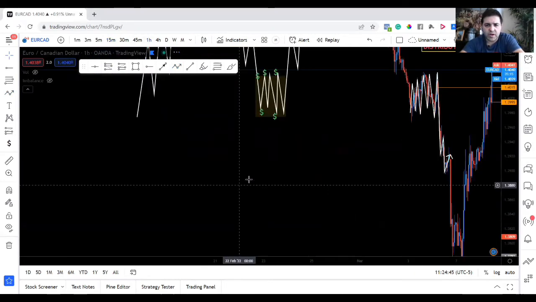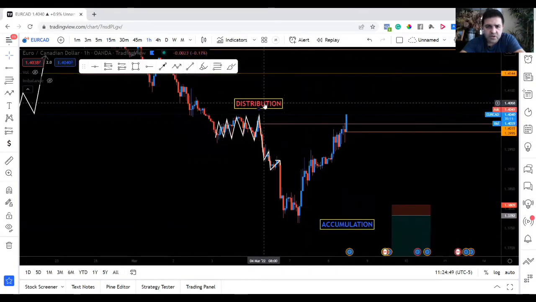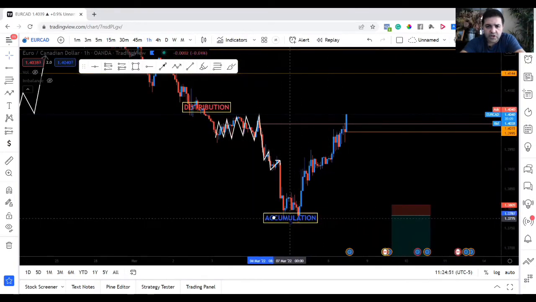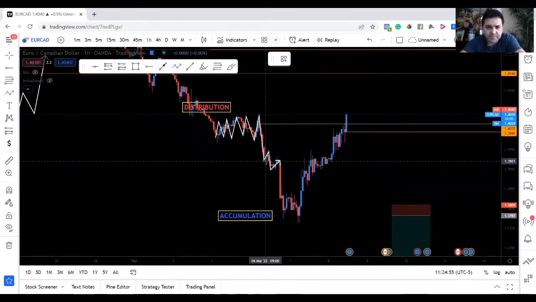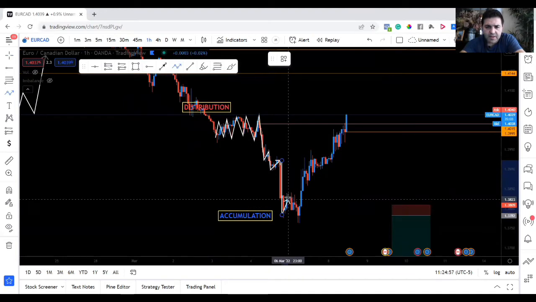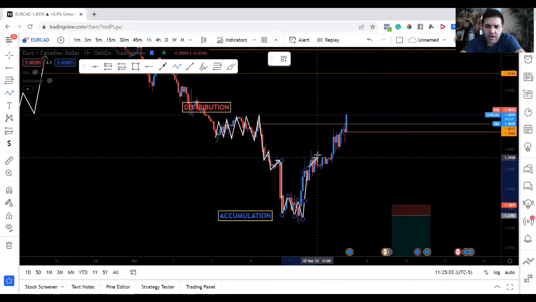Let's go into that 1 hour, I think it'll be easier. Okay, there it is. So distribution up here, accumulation down here. We'll see the patterns. And then down here, they created more accumulation, and then they went on an uptrend.